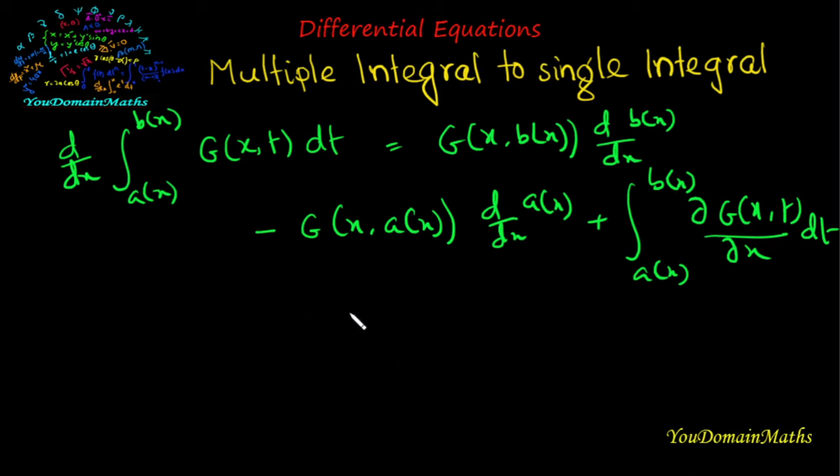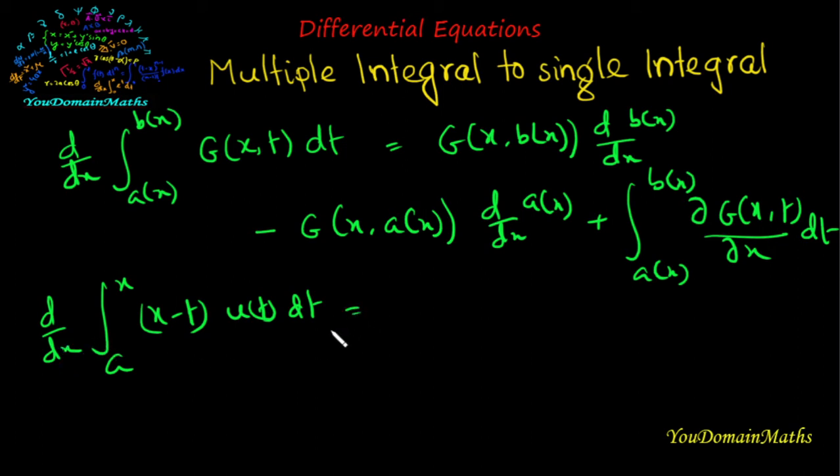If this theorem is applied to an example, such as the integral from a to x of (x minus t) u(t) dt, and we take the derivative with respect to x, what results will we get?